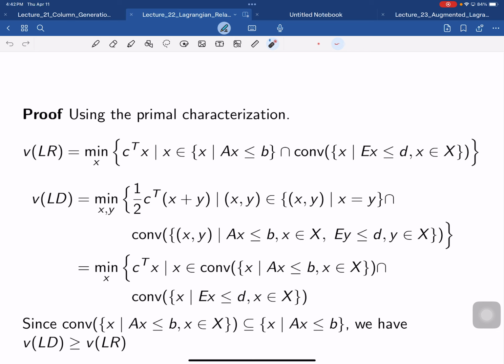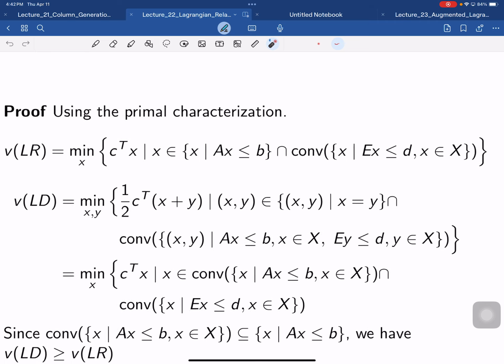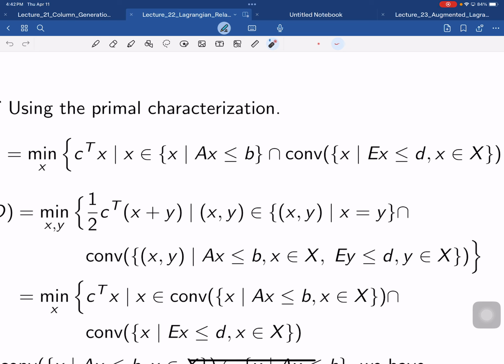Then we can apply this theorem to Lagrangian decomposition. Lagrangian decomposition is a special case of Lagrangian relaxation. The difference is that the constraints you dualize are x equals y instead of Ax less than or equal to b, since Ax less than or equal to b can represent any arbitrary constraints. So now you can treat your constraints as x equals y. Recall that the primal characterization is the intersection of two sets.